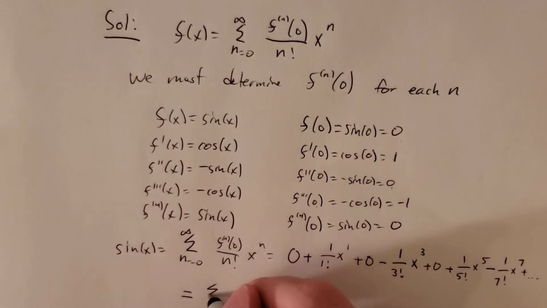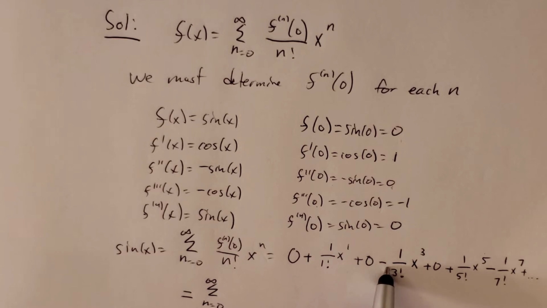Well, let's write out what that is. This is the series from n equals 0 to infinity of, and notice our first term is positive, our second term is negative, our third term is positive, our fourth term is negative, skipping the zeros. So it's an alternating series, negative 1 to the n.